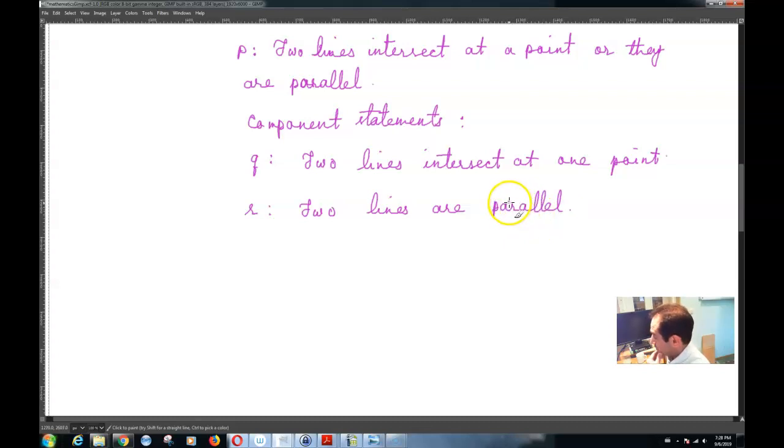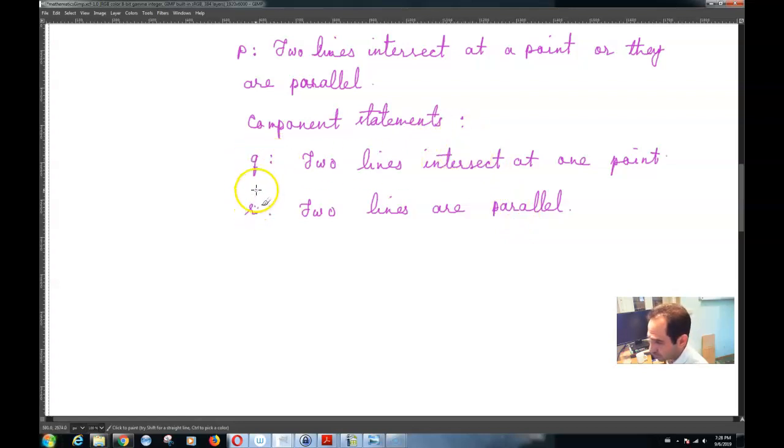Now, basically, when Q is true, R is false. And when R is true, Q is false. Meaning that two lines cannot be simultaneously parallel and also intersecting at one point.